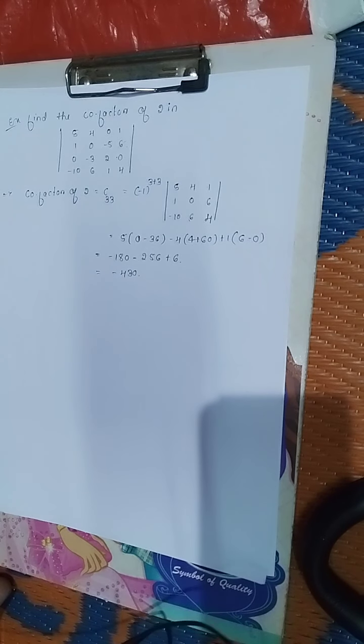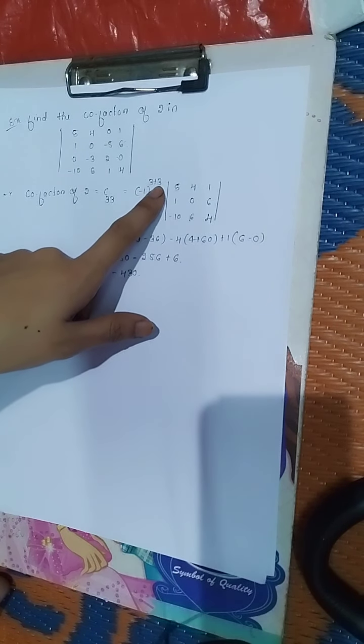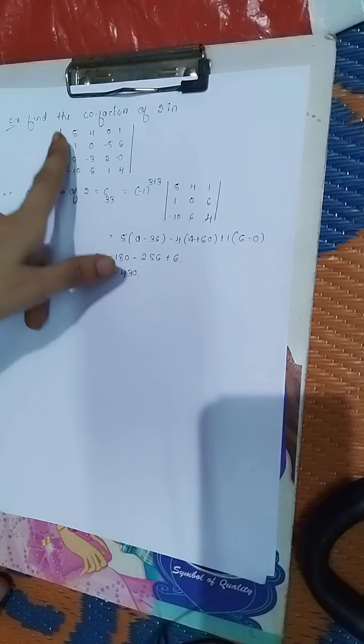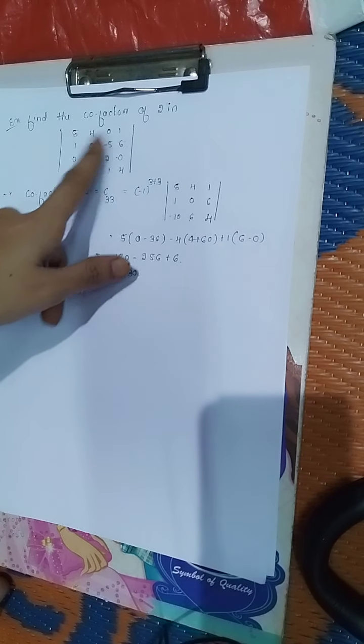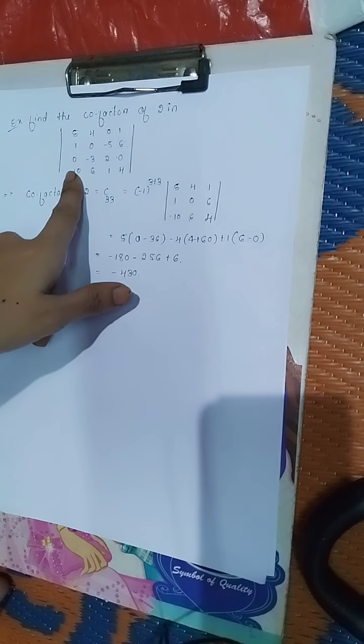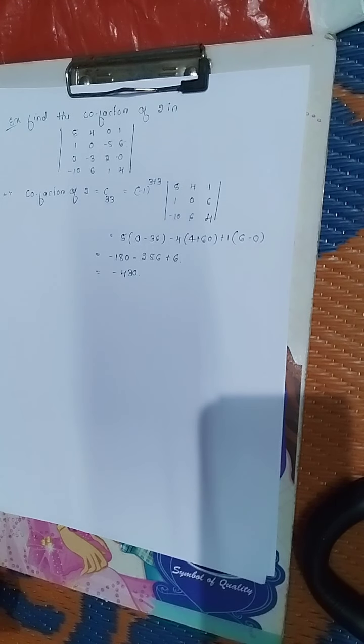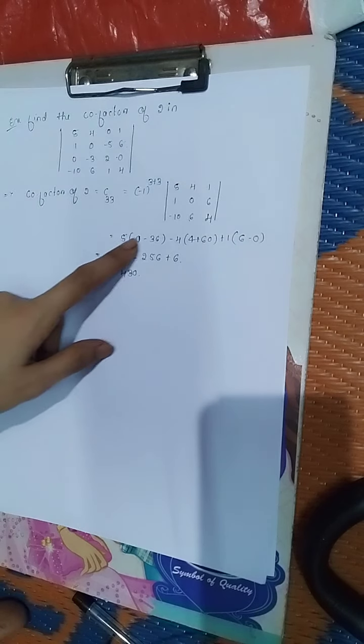Cofactor of 2 means minus 1 to the power 3 plus 3. Element 2 lies in third row, third column. So the remaining elements are 5, 4, 1, 1, 0, 6, minus 10, 6, 4. So the simplification of the determinant is 5 into the bracket.